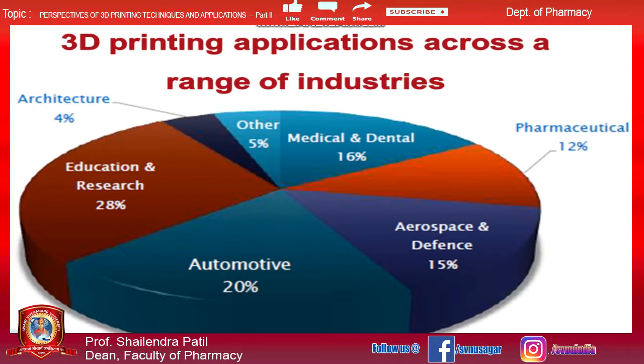Apart from that, it is highly used in aerospace and defense, about 15%. In the medical and dental field it is 16%, and it is only 12% in pharmaceuticals. Whereas 4% is used in architectural engineering, and the remaining other sectors account for only 5%.